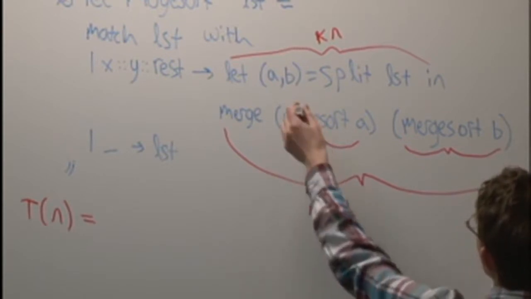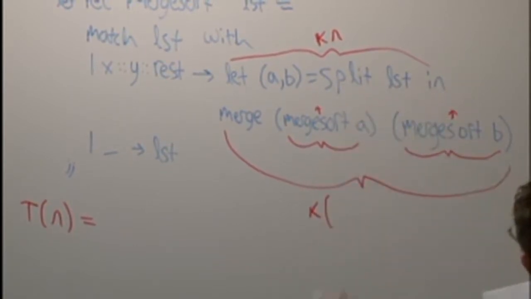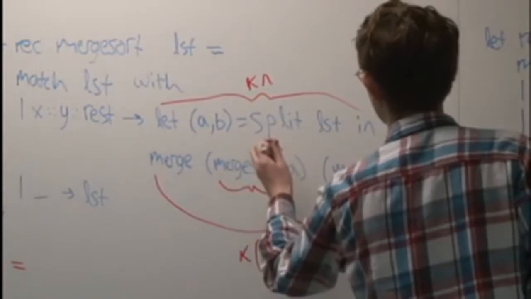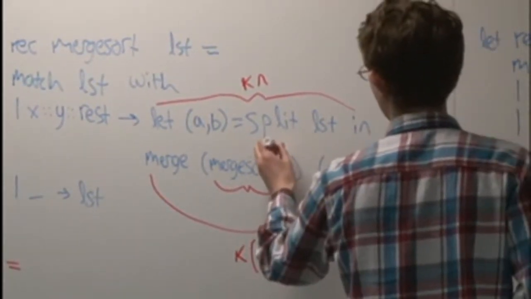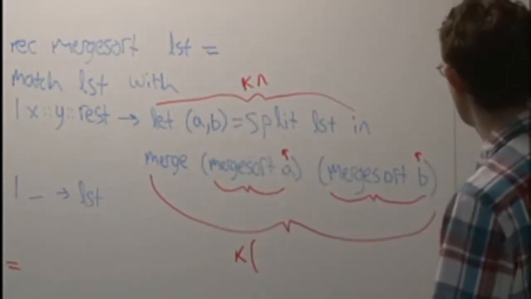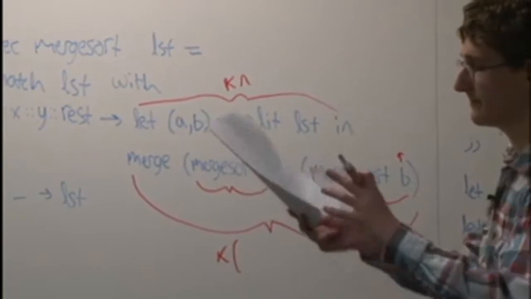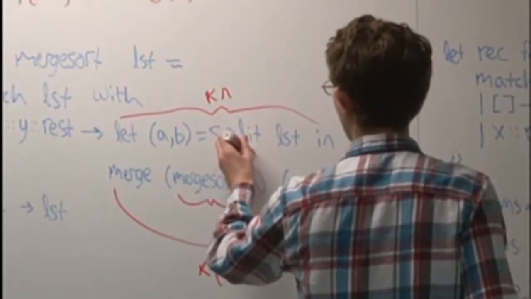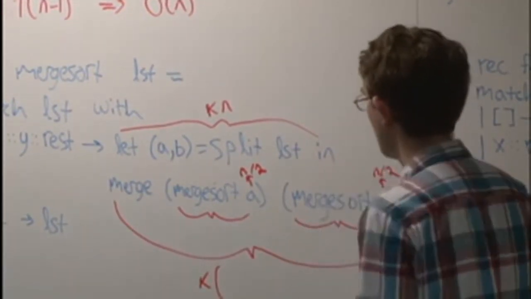So to figure out what this is, we have to know how big these lists are, or well, how big A and B are, I guess, or the result. Either way, merge sort doesn't change the length of the list. But we know that split splits the list evenly, so we can note that that's n over 2, as is this, n over 2.